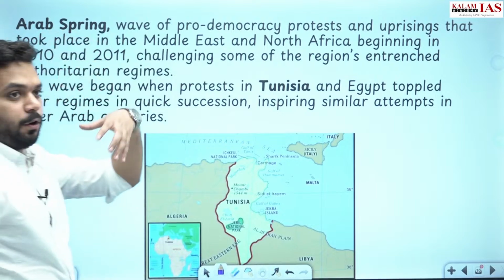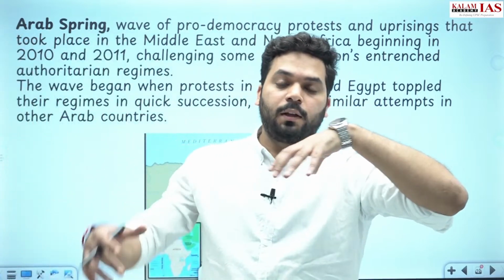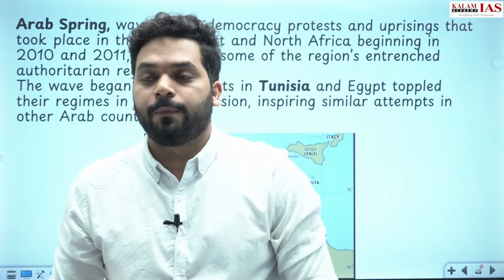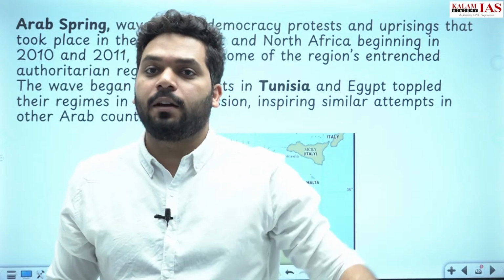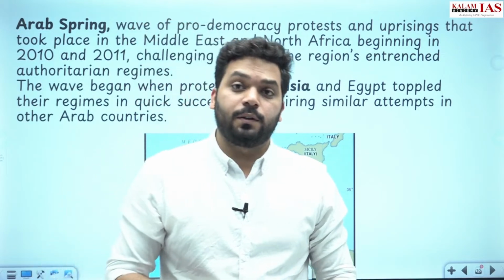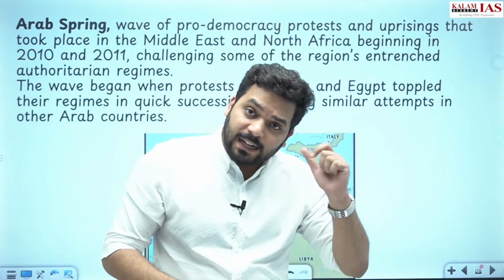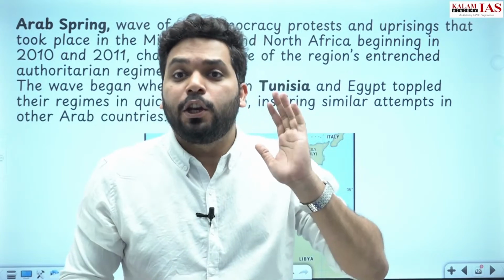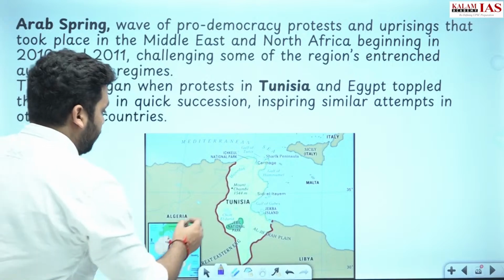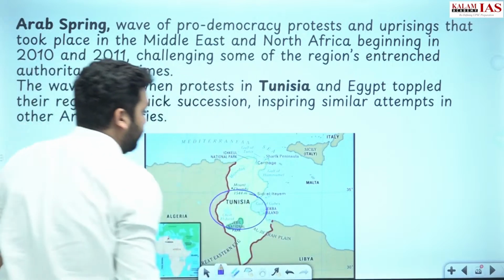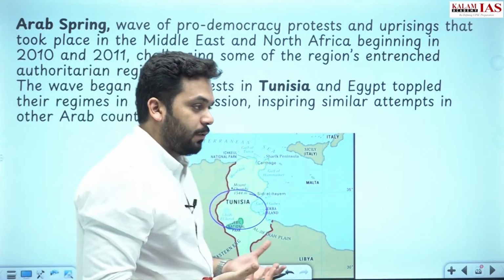Then you must have come across the Arab Spring. It is a pro-democracy, anti-state protest which started in the year 2010-2011. It was initiated in Tunisia. Okay, so this is Tunisia, which you should know, where all these protests actually started.